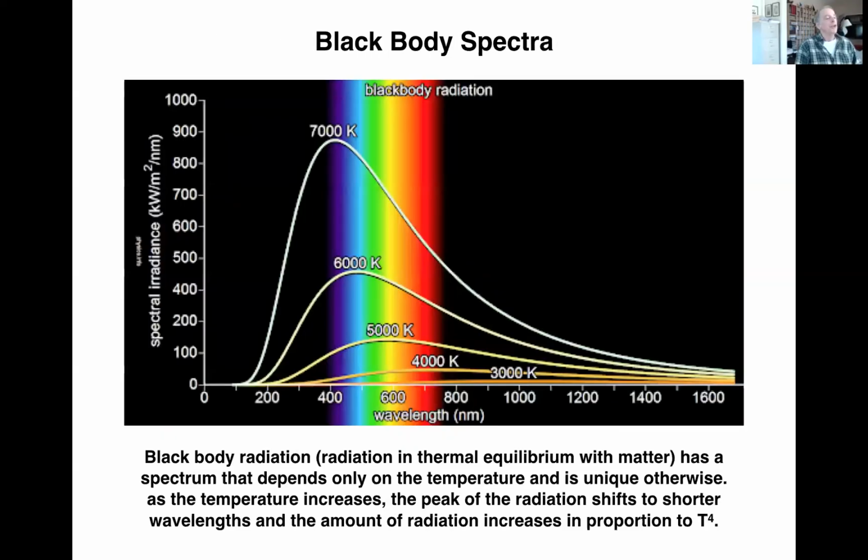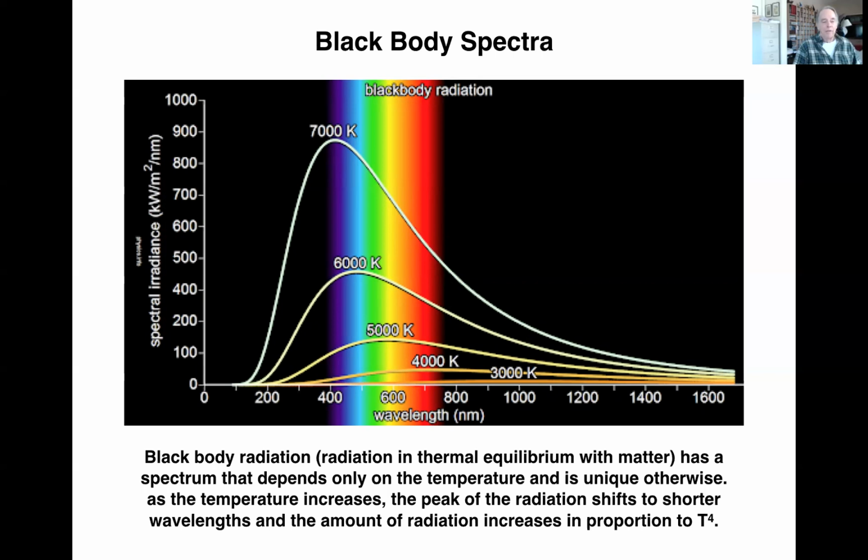Just to remind you what black body radiation is and how it's characterized: the name black body radiation comes from the fact that it's the kind of radiation that would be emitted from an object that was completely black.